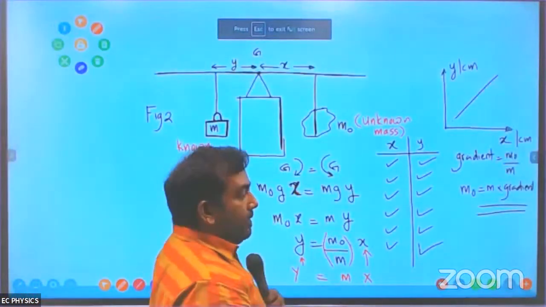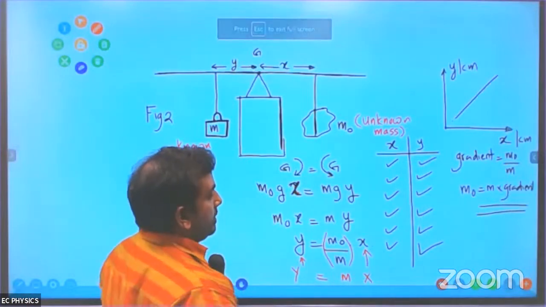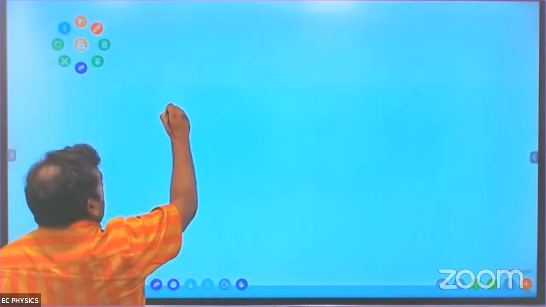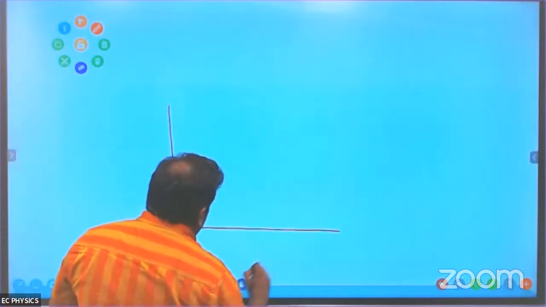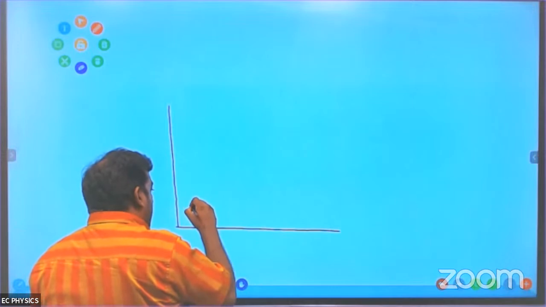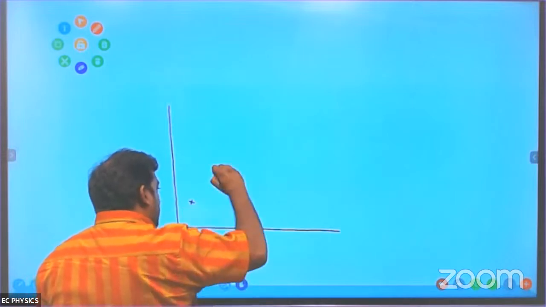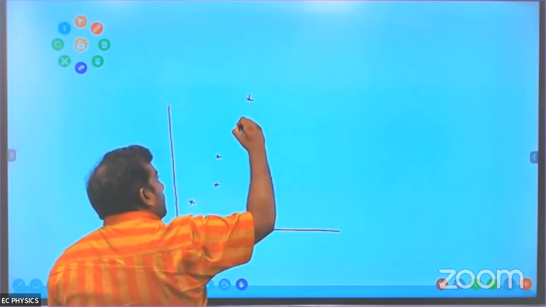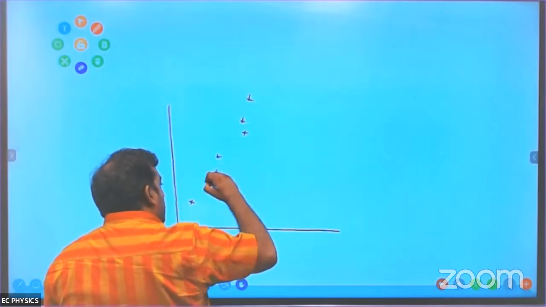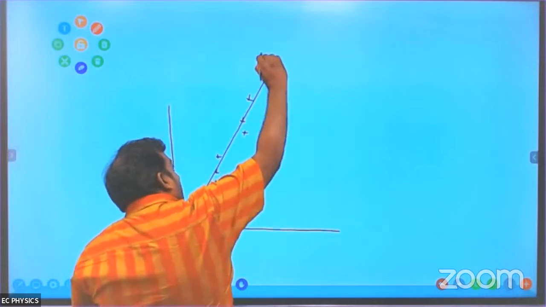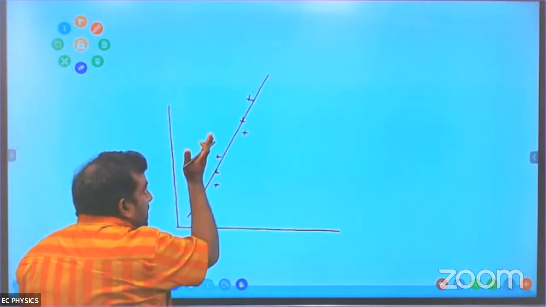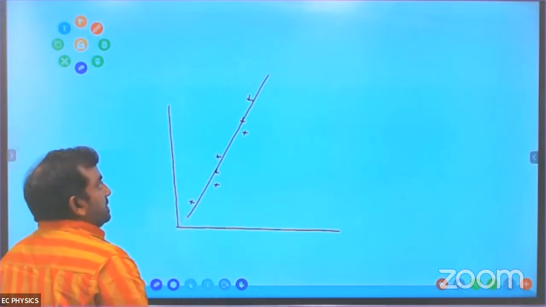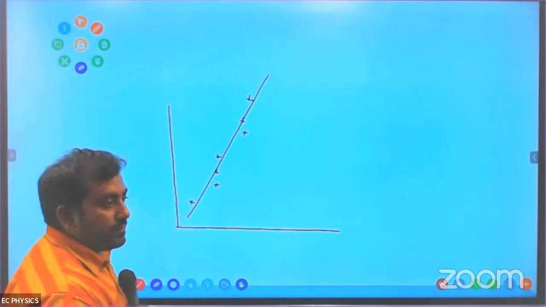So look at this carefully. Coming back to the point, when we plot the graph, we have points like this. Sometimes the best fit graph will distribute the points above and below the graph.